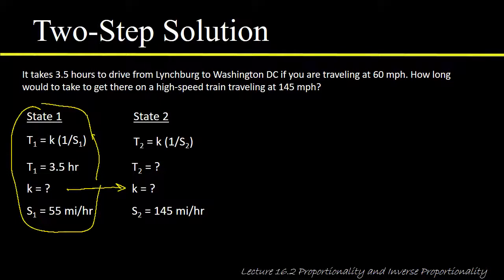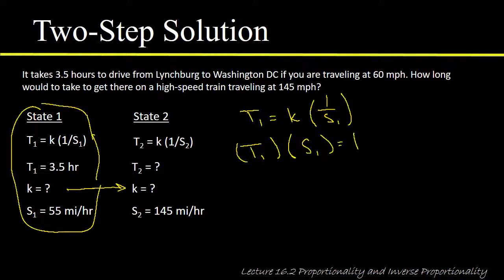To solve for k, we start with our equation: t is equal to k times 1 over s1. To solve for k, we multiply both sides by s. So we get t1 times s1 equals k.